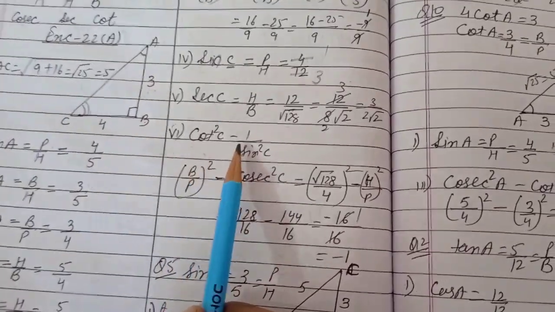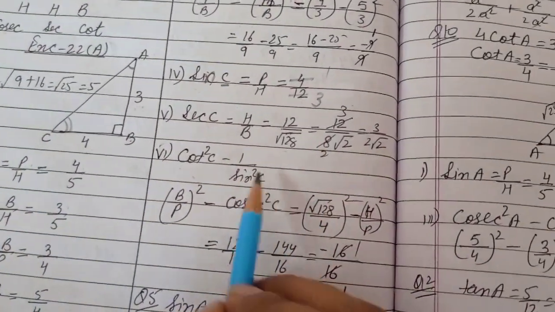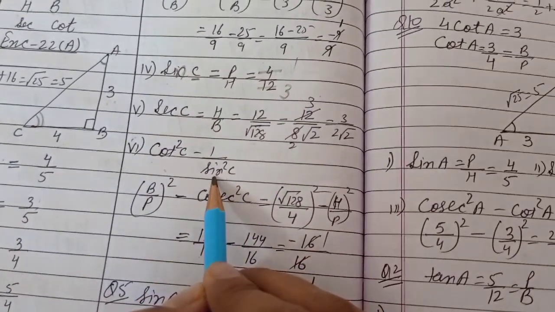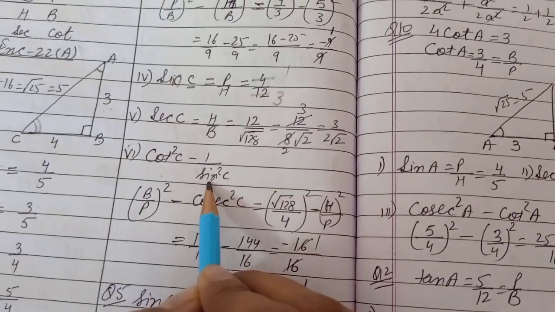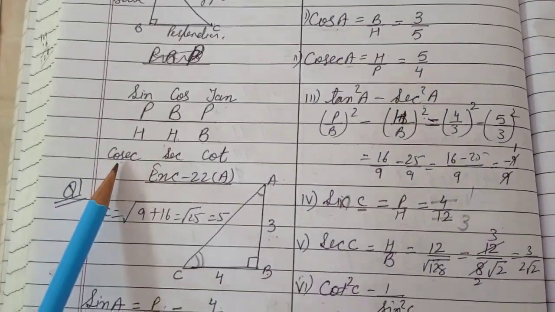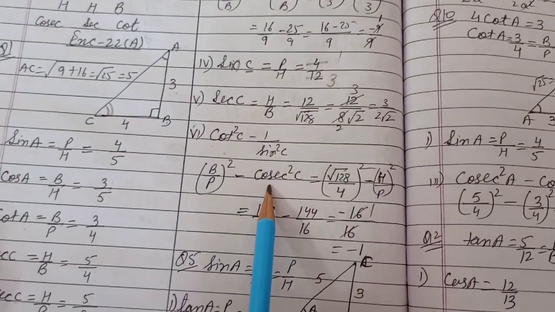Next is cot square C minus 1 over sin square C. So children, very important. See, in order to make it easy, what I did, I told you sine is the reciprocal of cosecant. You can see here again, sine is the reciprocal of cosecant. So, in place of 1 over sine square C, can I write cosecant square C?